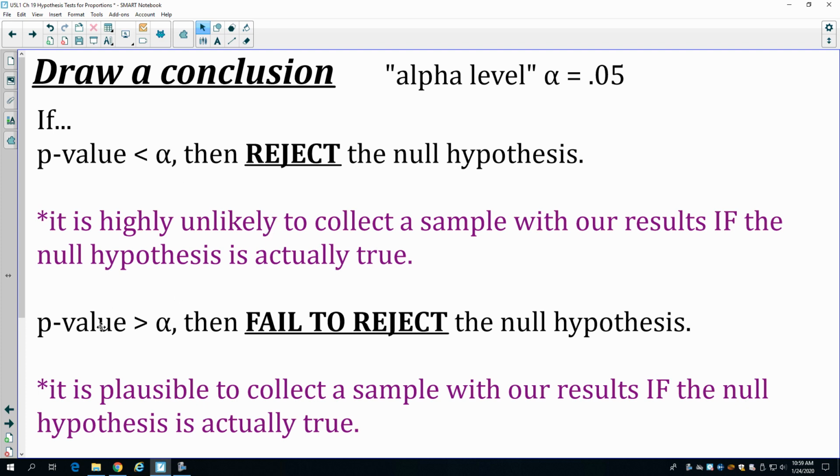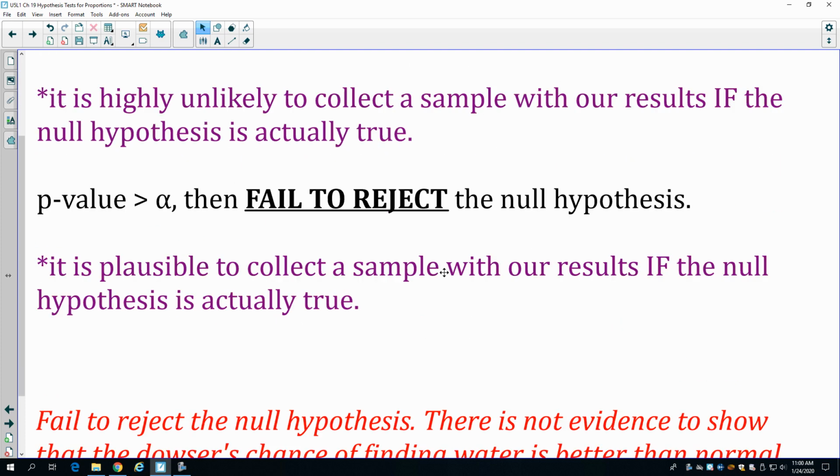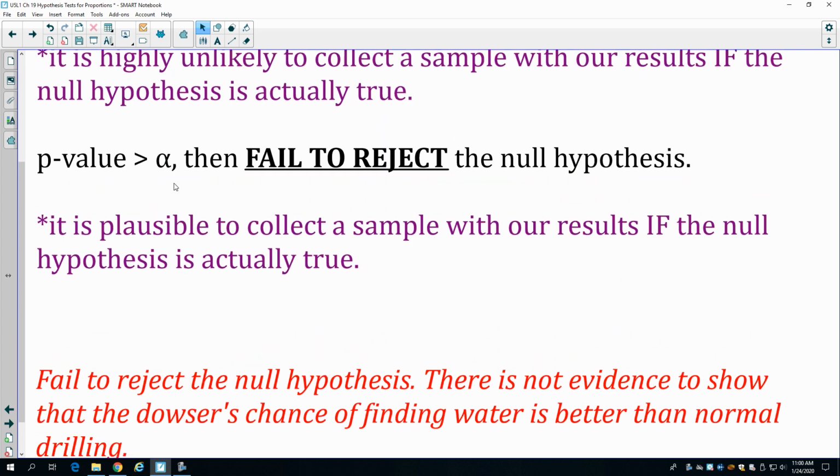If our p-value is greater than 0.05, then we'll fail to reject. That means there's a pretty decent chance that if our null hypothesis is real, we would have still gotten that sample result. So in our case, we have a p-value that is greater than alpha. Our 0.232 is greater than alpha, so we're going to fail to reject our null hypothesis.